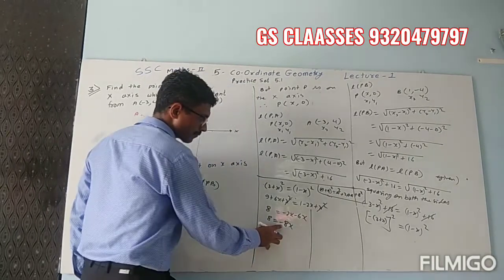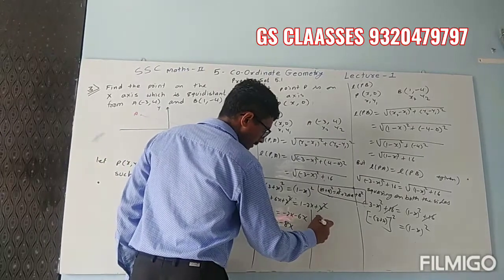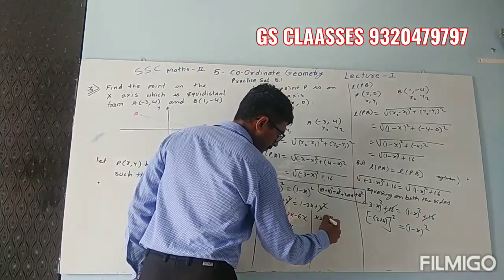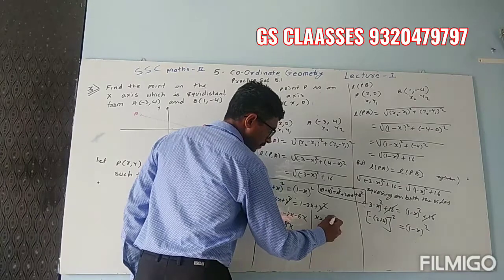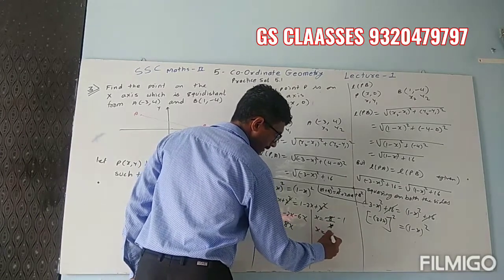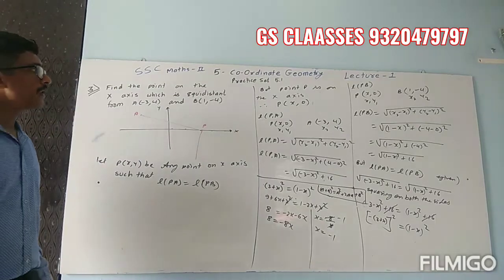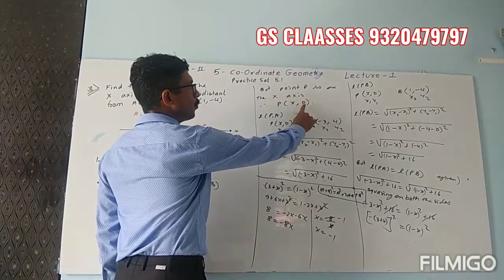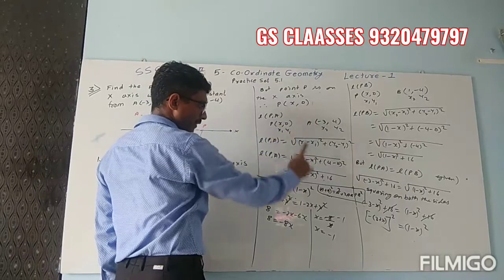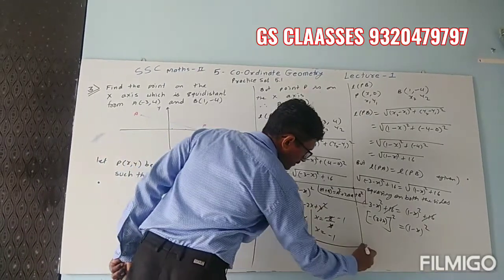And x value is going to be 8 by minus 8, so we cancel, minus 1. X value is coming out as minus 1. Already the point is having y value as 0, and x we calculated. So here your answer comes.